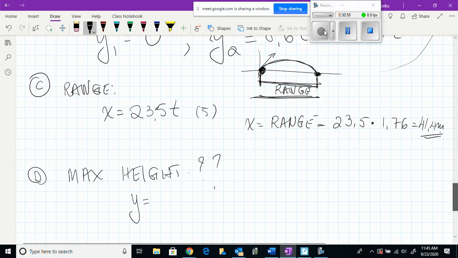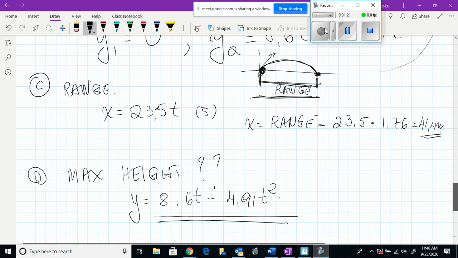And equation 6 is 8.6 t minus 4.91 t squared. But what am I substituting t for? T max or t total? It is t max, good.